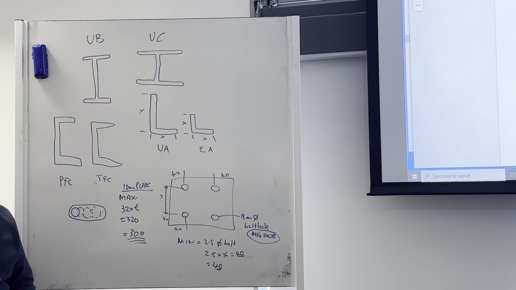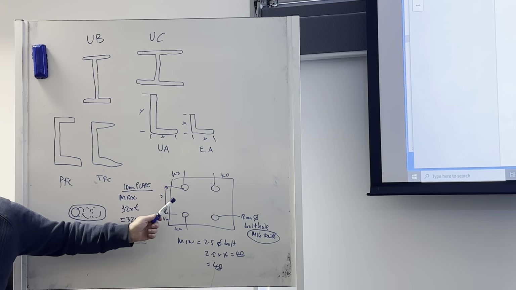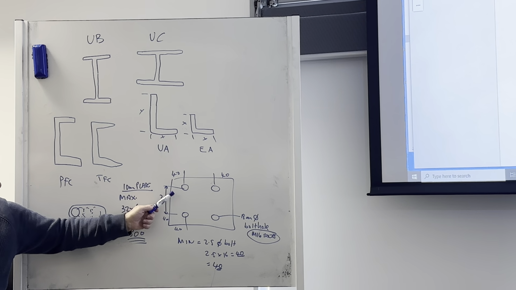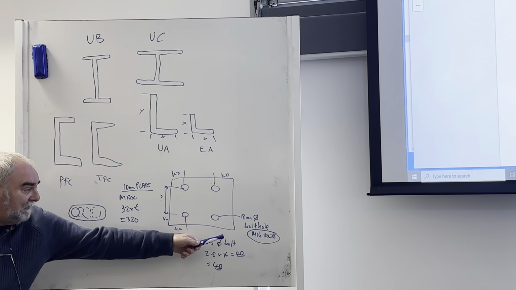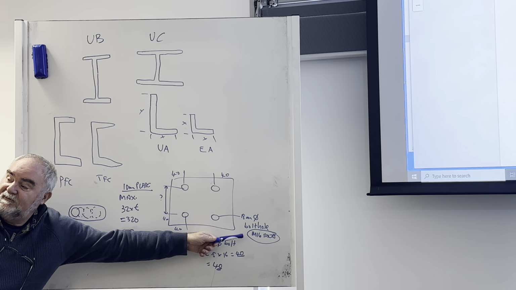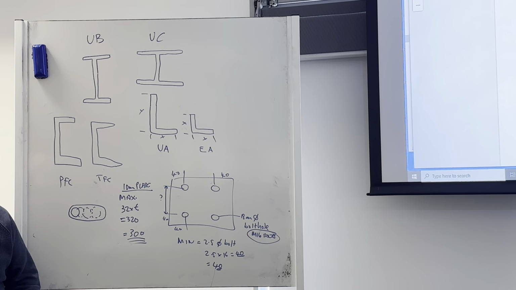I'll just go over that again for those that are over here and can't see, they're just looking at my back. We have a plate, 4 bolts. The hole in the plate is 18 millimeters diameter, which means you take 1 millimeter all the way around, so that's minus 2 millimeters, equals a 16 millimeter bolt. We call that an M16, okay? Machine 16 bolt.